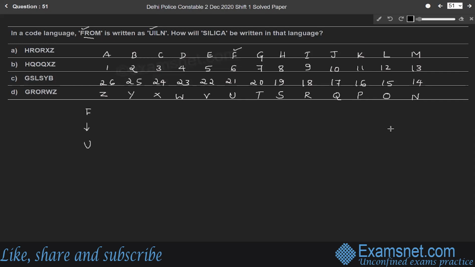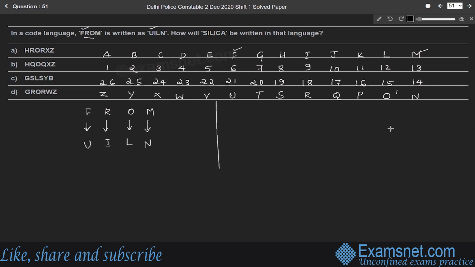So its opposite positional value, right? Whereas R, whose positional value is 18, is coded as its opposite alphabet, which is I. And O is coded as its opposite alphabet, L. And M is coded as N, right?